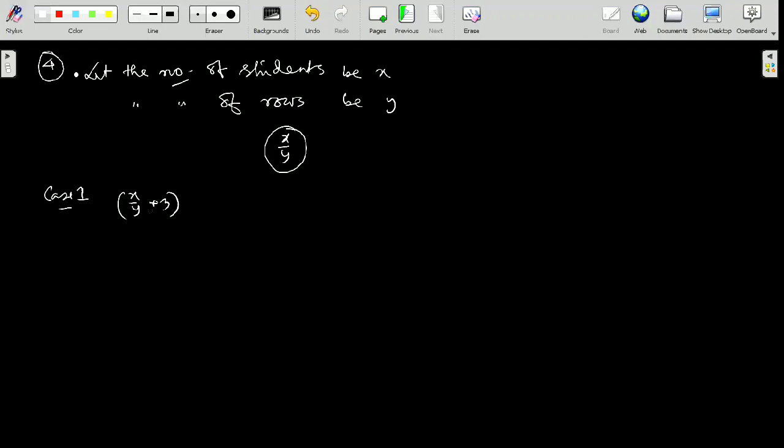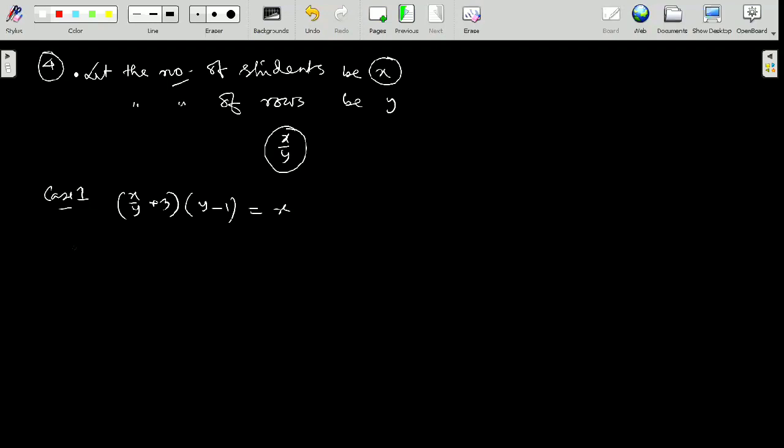Total rows is y, so that will be y minus 1, isn't it? If you multiply these, you will get the total students, and total students is always constant. This is x. So x by y plus 3 whole into y minus 1 is equal to x.